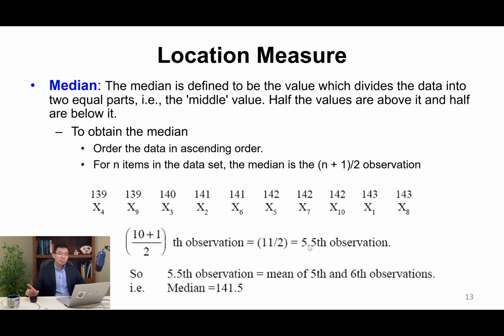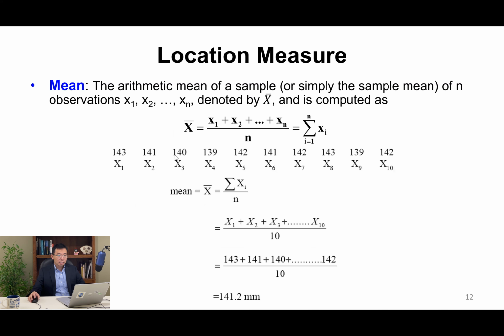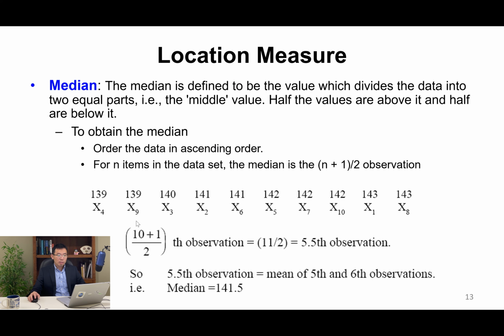Okay, the second location measure is the median. Median is defined to be the value which divides the data into 2 equal parts. That is the middle value, so half of the values are above it, and the other half are below it. To obtain the median, we sort the data from the smallest to the largest. For example, this data set, we sorted from the smallest to the largest.